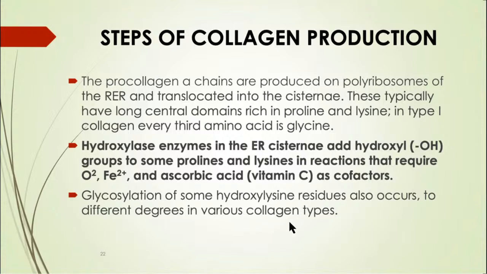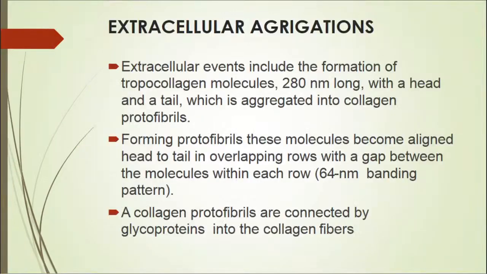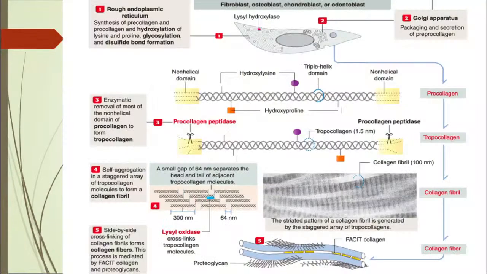Glycosylation of hydroxylysine also occurs in different degrees in various collagen types. As an effect of that, we have seen this schematic diagram of how collagen is synthesized. Golgi apparatus, packaging and secretion of procollagen. Next, the procollagen is translocated and aggregates with some hydroxyproline to form tropocollagen.